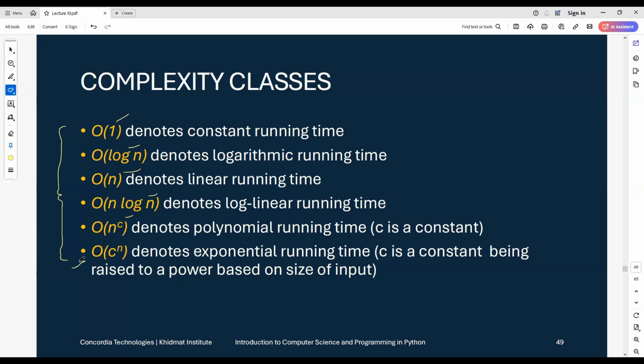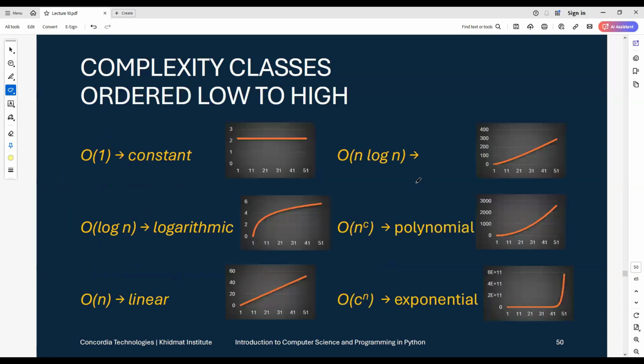And this last class is the class of some few algorithms which grow exponentially in size. For example, Towers of Hanoi and Fibonacci, as I mentioned earlier. For number 34, for example, if we have a simple implementation of Fibonacci, that was doing 11 million plus operations. We will take a look at a few of these in this session, and the rest we will take a look at in the next session.